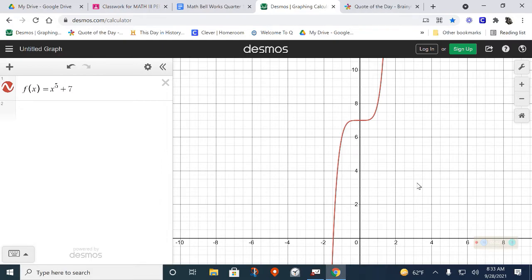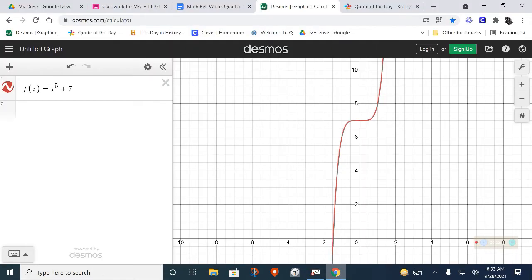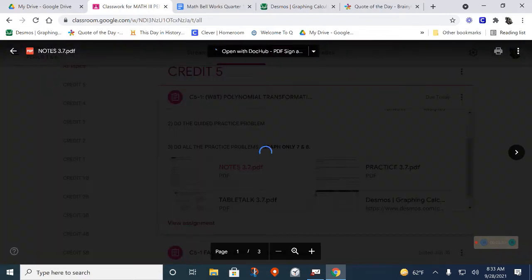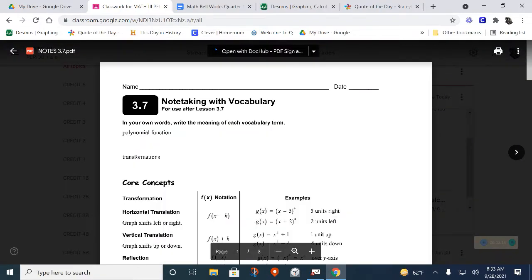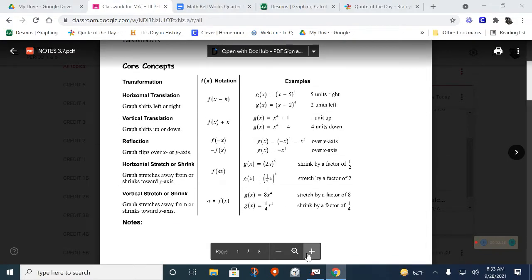Now, let's go over the different kinds of transformations. So watch. Let me go to the note guide. So we know all this, huh? Look at this.